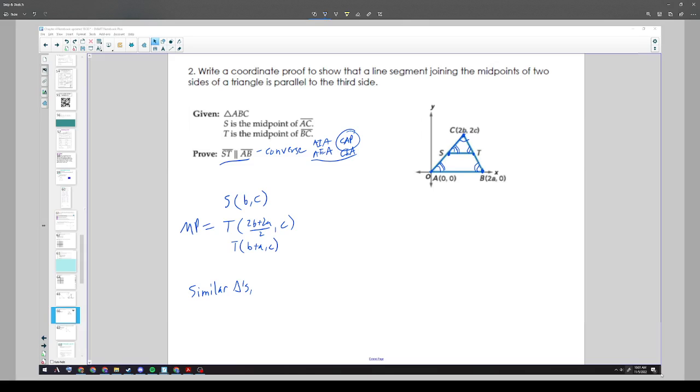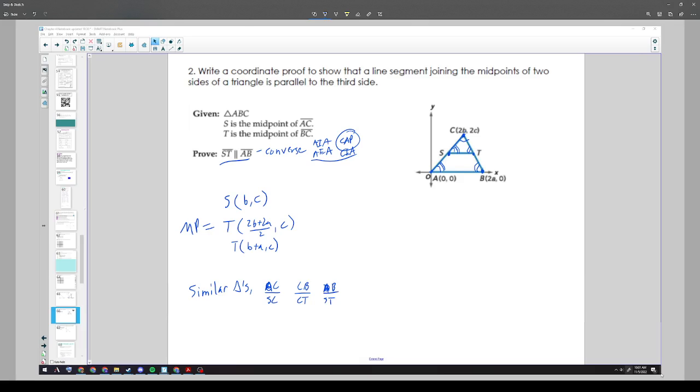So let's set up those ratios. We're going to do AC over SC. We're going to do CB over CT. And, oh, that's not O, I guess that's A. I was doing origin. And AB over ST. So we're going to set up these three ratios.